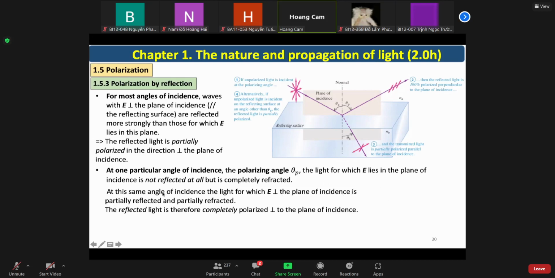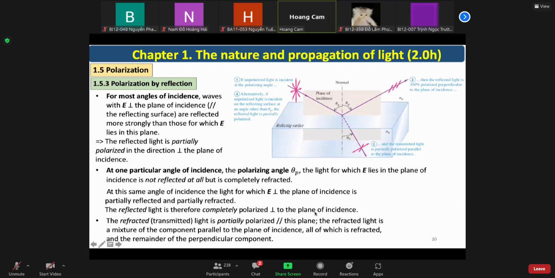Also at this angle, the light for which vector E is perpendicular to the plane of incidence is partially reflected and partially refracted. And the reflected light is therefore completely polarized perpendicular to the plane of incidence.